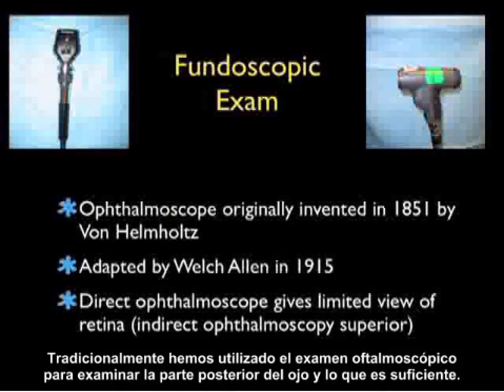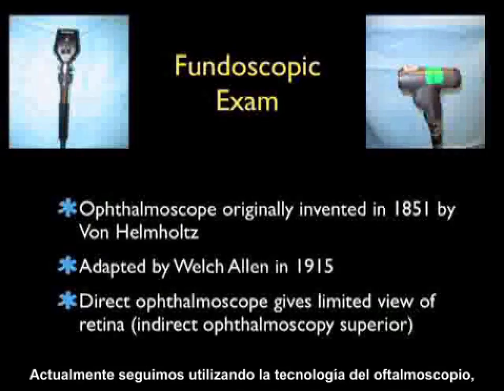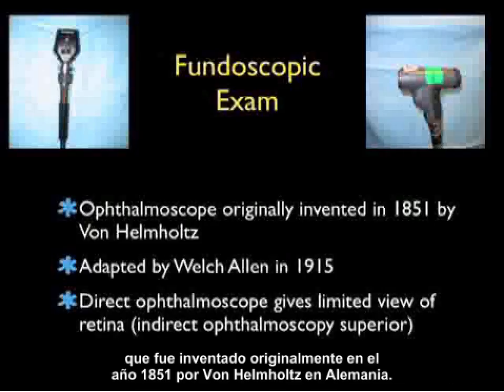Traditionally, we've used the fundoscopic exam to examine the posterior aspect of the eye, and interestingly enough, we're currently using technology, the ophthalmoscope, which was originally invented in the year 1851 by von Helmholtz in Germany.